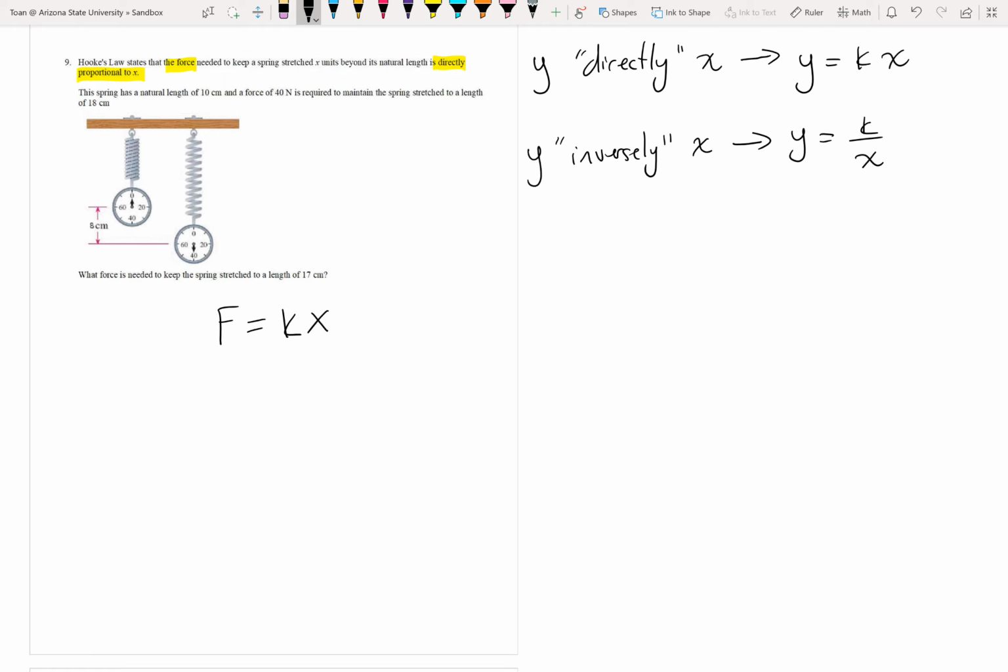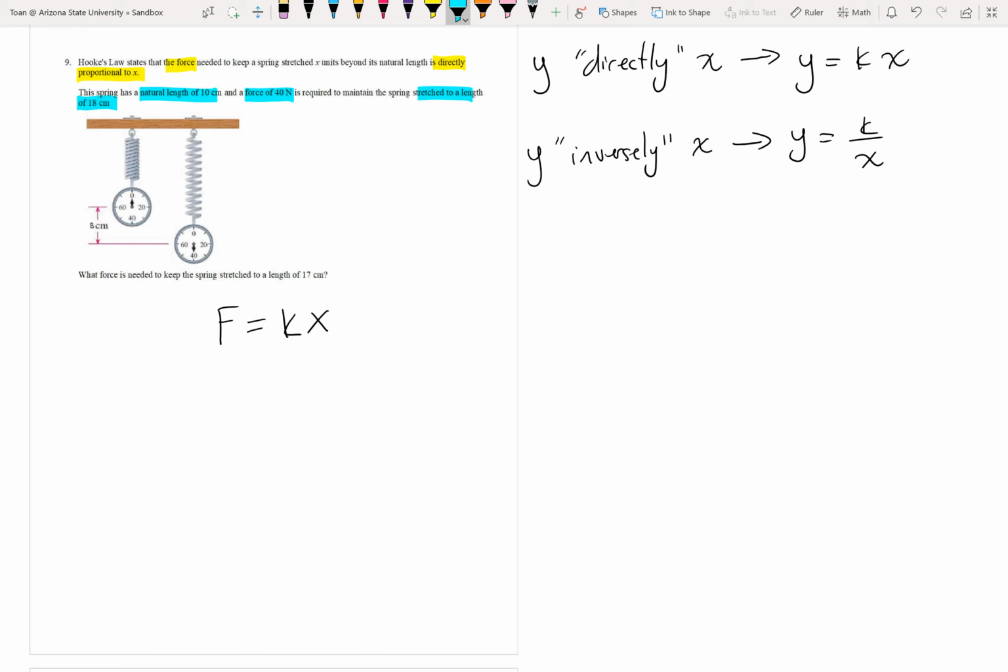Then they give you numerical information, numbers. That typically means you're going to plug stuff in and solve for k. Well, what numbers do they have? They give a spring with a natural length of 10, a force of 40, stretched to a length of 18. Now this confused a lot of kids because x is distance, and they give me two distances.